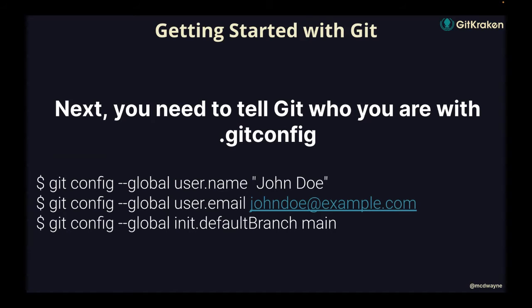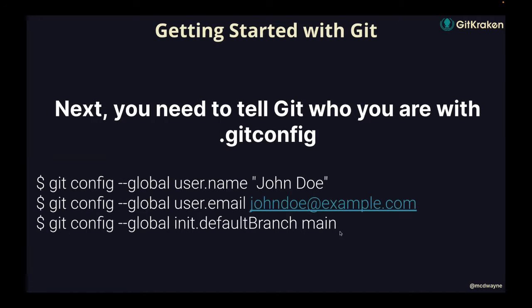If you're just working locally, this is actually an optional step. If you're never going to share your code, you don't really have to do this. It will just default to the local names. But if you're ever going to push that code anywhere, that's how you're communicating to the world who made that change. So you set it with your username and your email. Emails kind of become the unique identifier within the Git ecosystem, like you'd have a unique identifier in your database.